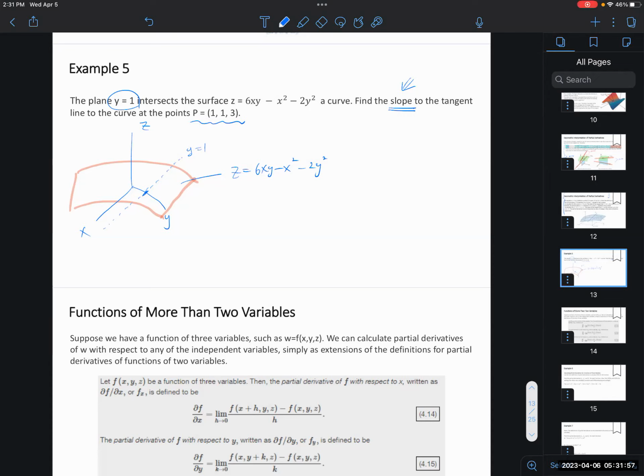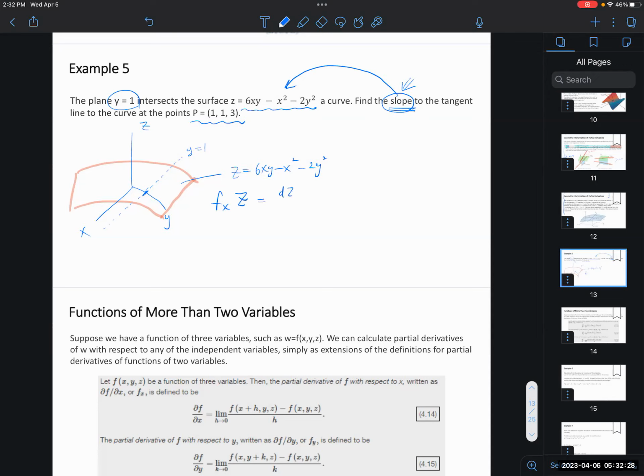What we're going to do, we know that y equal to 1 intersects the surface z equal to 6xy minus x squared minus 2y squared. To find the slope, we're going to take the derivative of this surface function. You can think about f of x, but this time this is z.